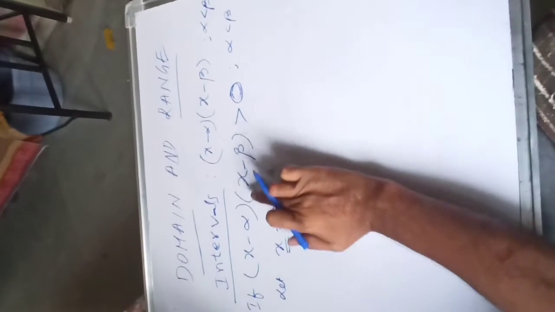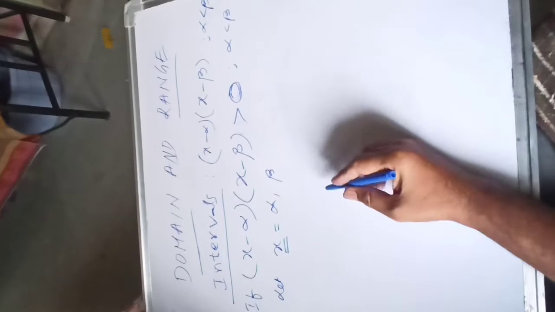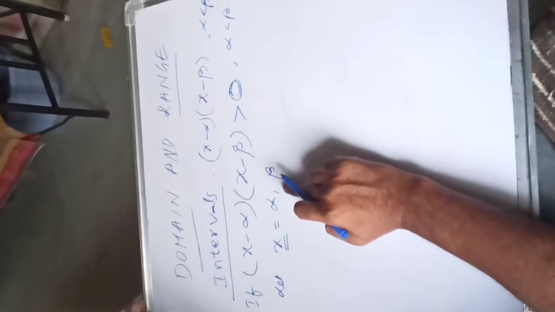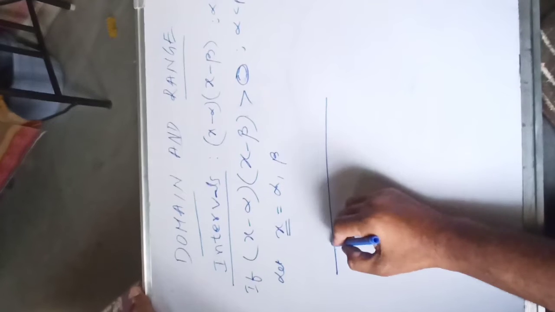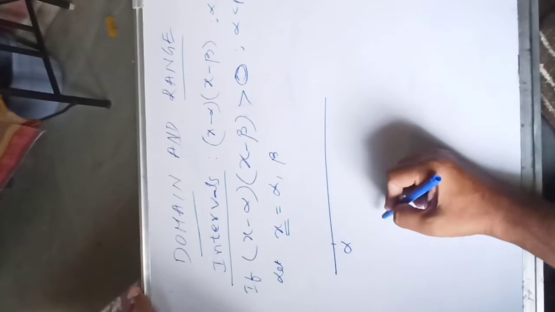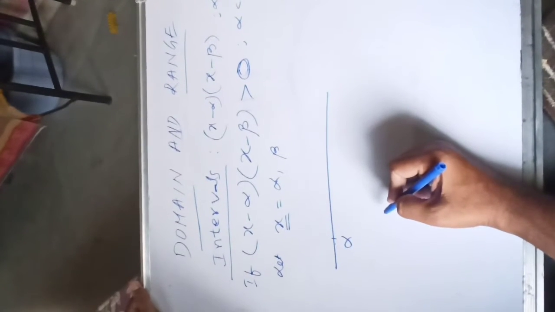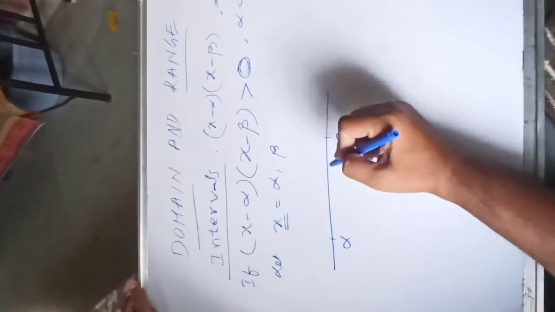What are the factors? X equal to alpha and beta. On the number line in ascending order, this is alpha and this is beta.